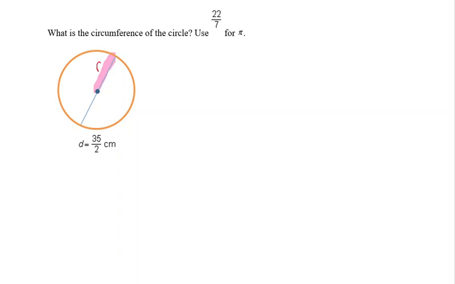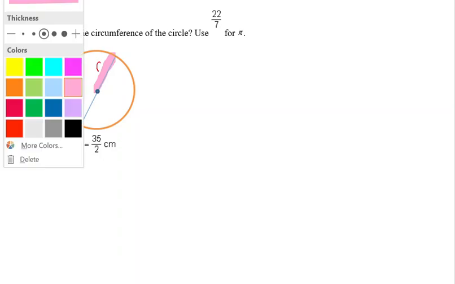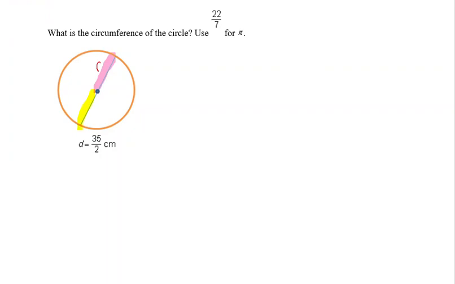The entire distance all the way across is the diameter. But what you should notice is that the diameter is just two groups of the radius. So the diameter is equal to whatever the radius is times 2.